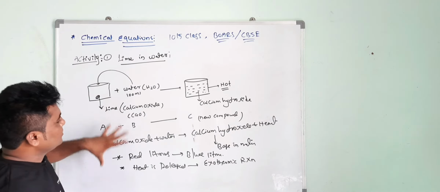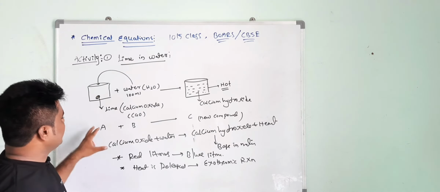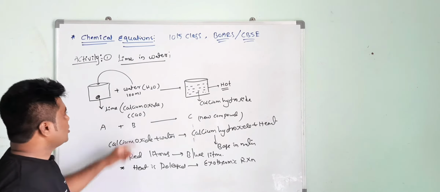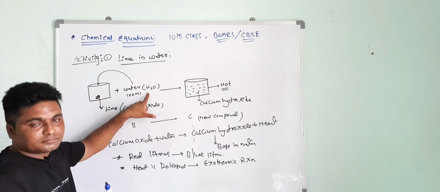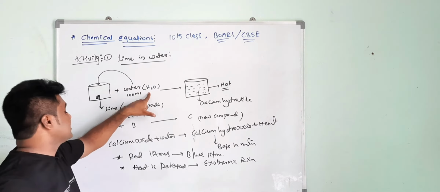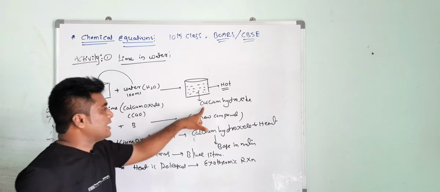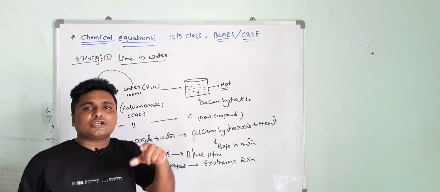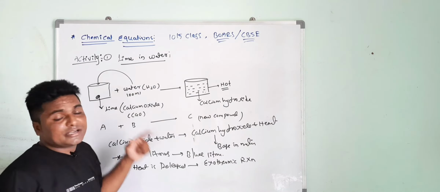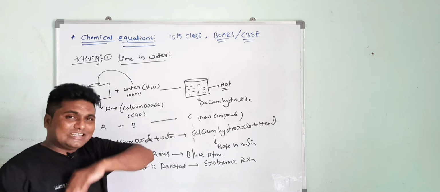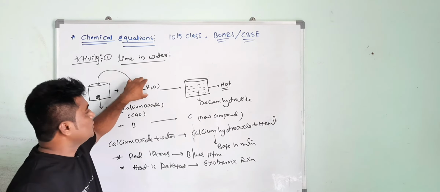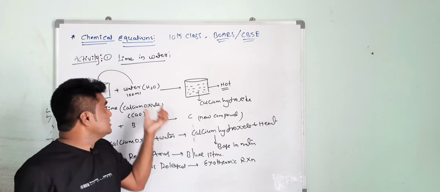So by this activity we conclude that A reacts with B, and you are getting a new substance, that is C. You can drink water because water is neutral. But when it reacts with calcium oxide, you get calcium hydroxide, which you cannot drink because it is basic in nature. Now the properties of water have totally changed. Initially, if you dip red litmus paper into water, there is no change in color because it is neutral.